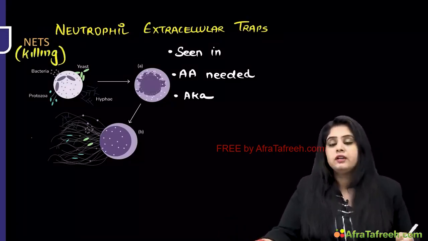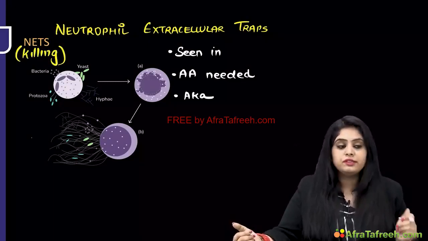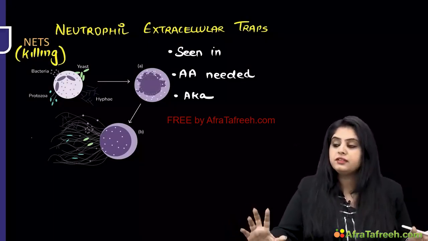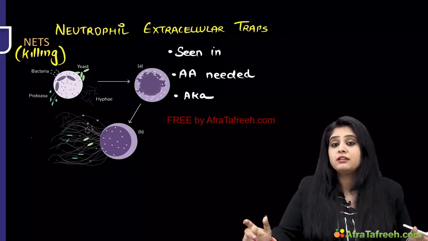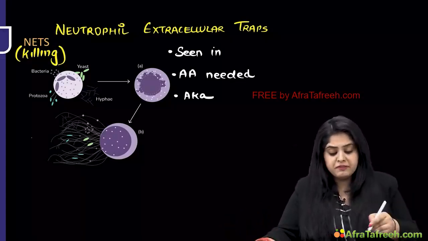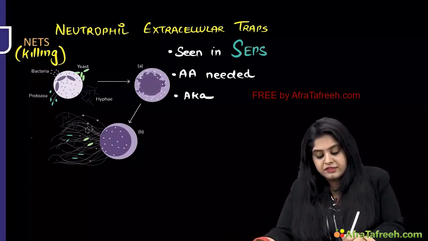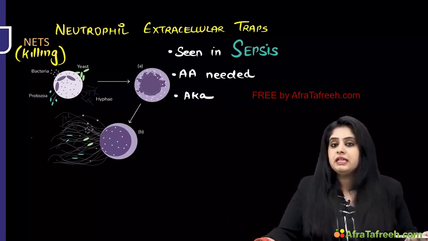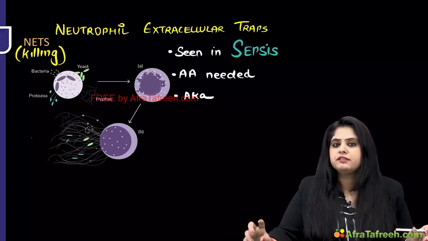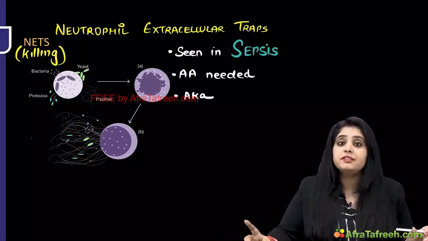Phagocytosis is also killing. How does my body get to know that this time I have to do NETs killing, this time I have to do phagocytosis killing? I'll say simple. Whenever you have some very severe infection like sepsis, then pick up NETs. When will you do NETs? When you're in severe crisis. NETs. Does it remind you of net practice in cricket?